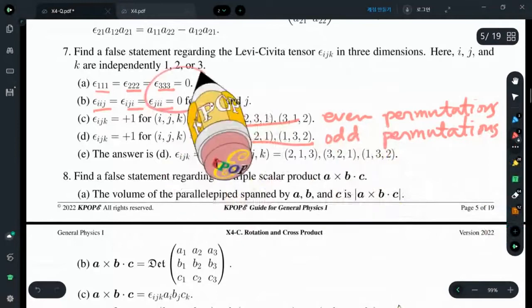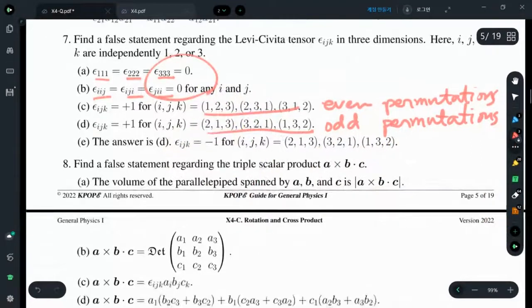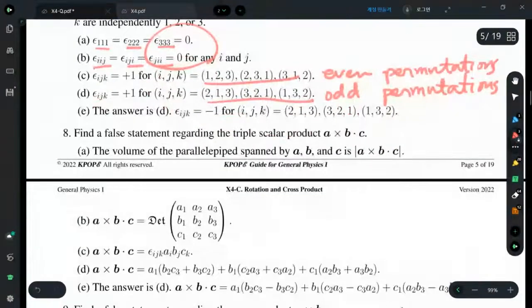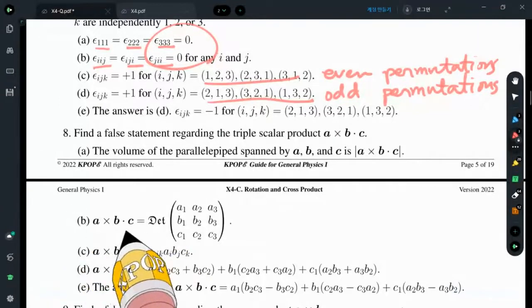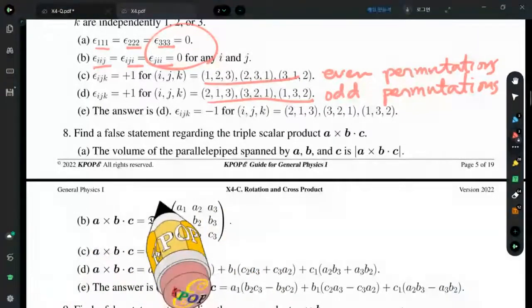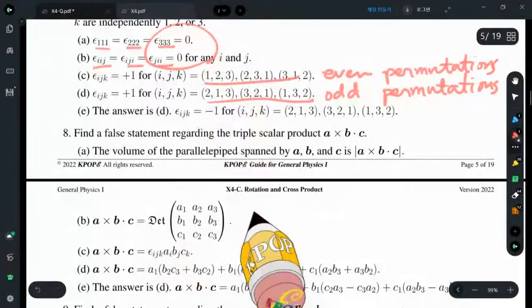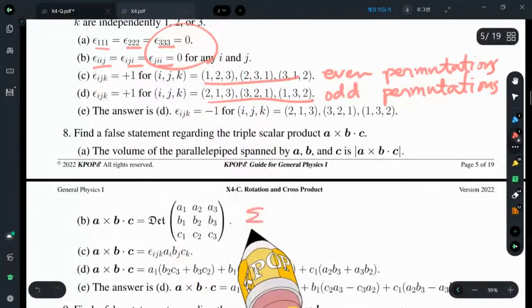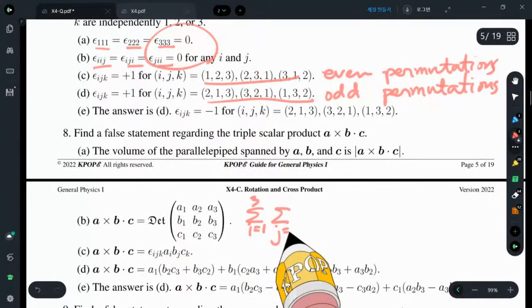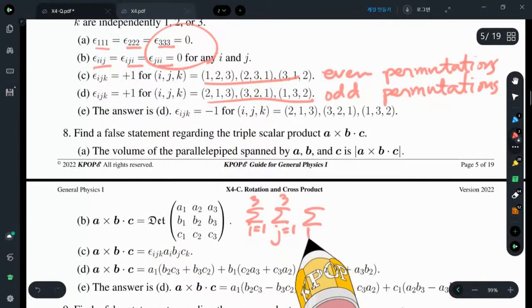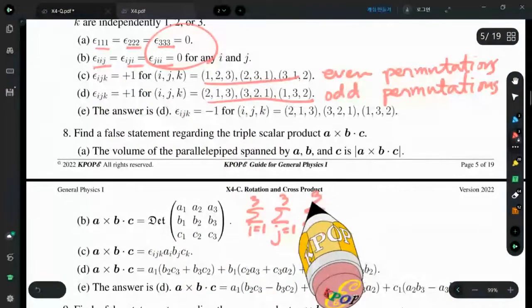Except for that, everything is 0. So if I compute the triple scalar product, in this language, that is the sum over I, 1, 2, 3, sum over J, 1, 2, 3, sum over K, 1, 2, 3.